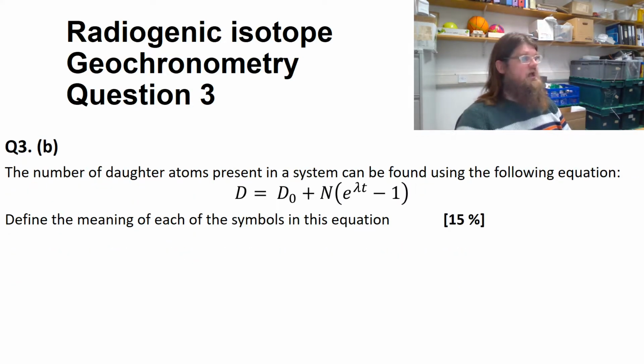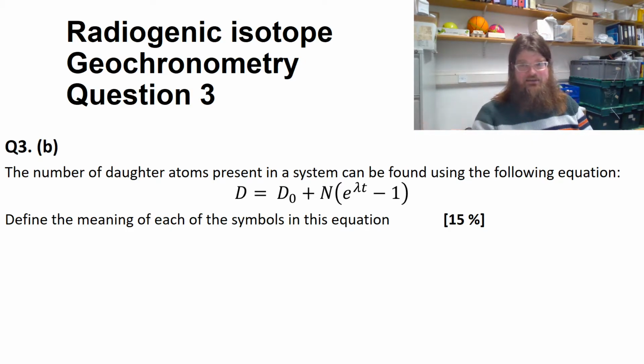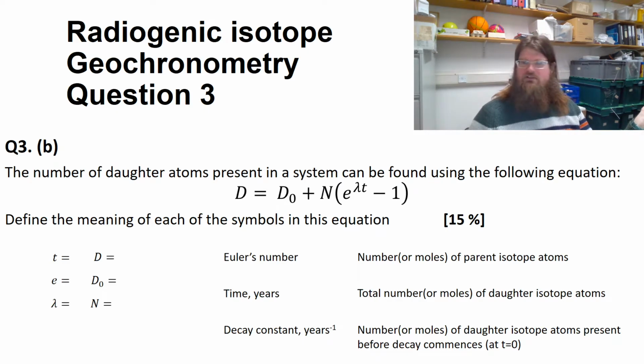Okay, next part. I give you an equation because I'm nice, and here it is. It is the equation for radioactive decay, and all I'm asking you to do here is to take these terms and tell me what they are. So I guess you basically have to match up these symbols.